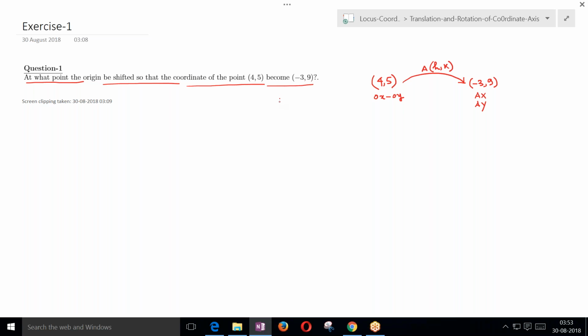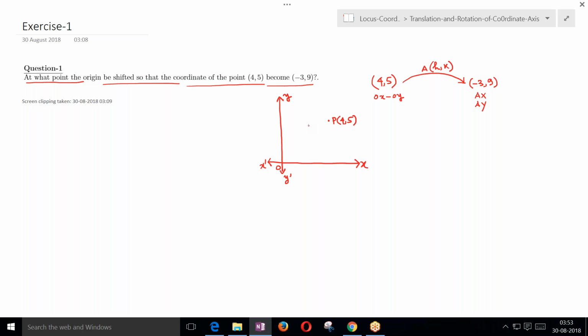If I draw this one, it is something like this. This is OX, and this is OY. On the left hand side it is X dash, here it is Y dash. Now it has been shifted. Suppose this is the point (4, 5), and it has shifted to a point called (-3, 9).